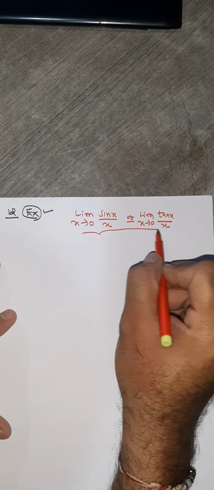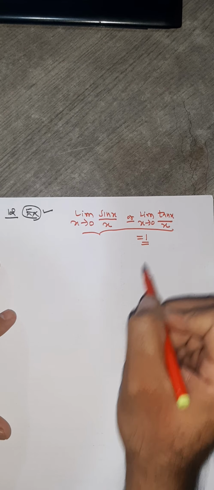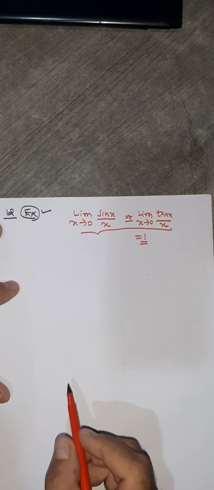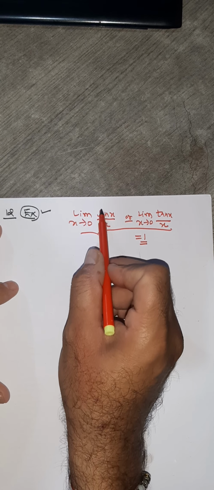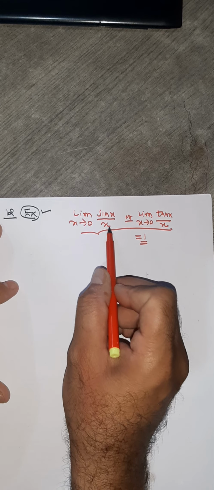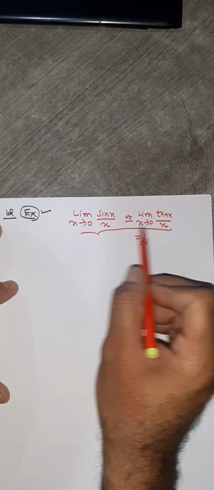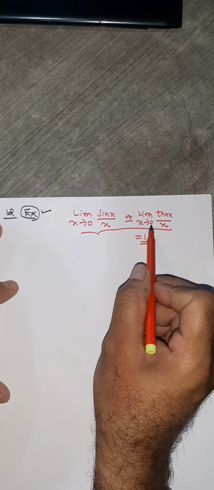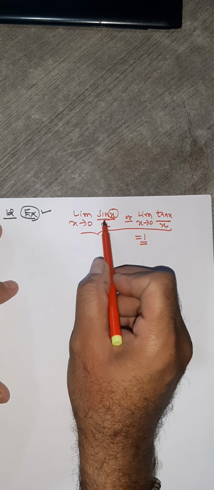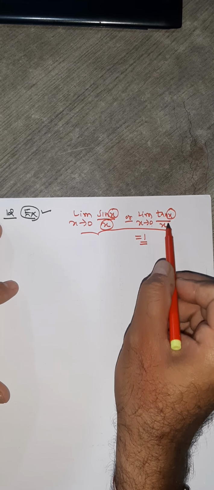Both limits are 1. In any limit question where trigo is involved, you need to keep this expression in your mind, or the reciprocal, x upon sine x, as x tends to 0. This angle and this angle should be the same.